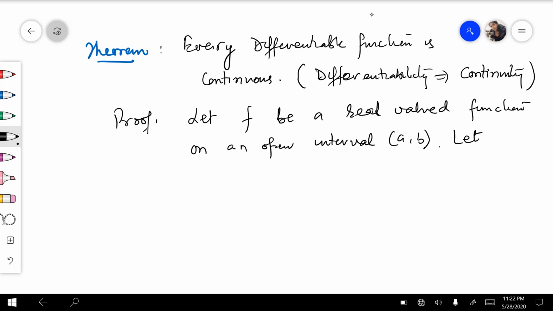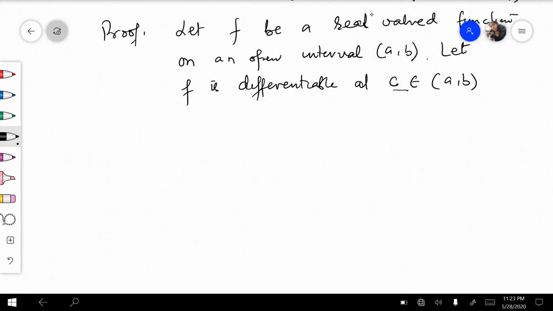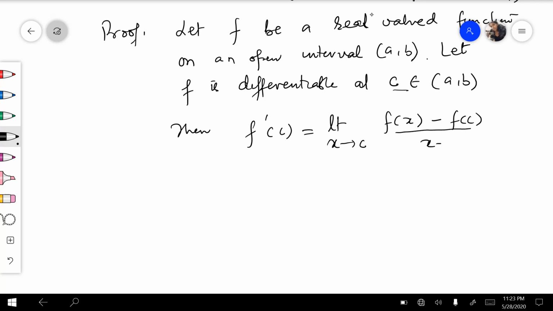Let f be differentiable at c belonging to (a, b). That means this function is differentiable at point c. If this function is differentiable at point c, then f dash c will be equal to limit x approaches c of f of x minus f of c upon x minus c.